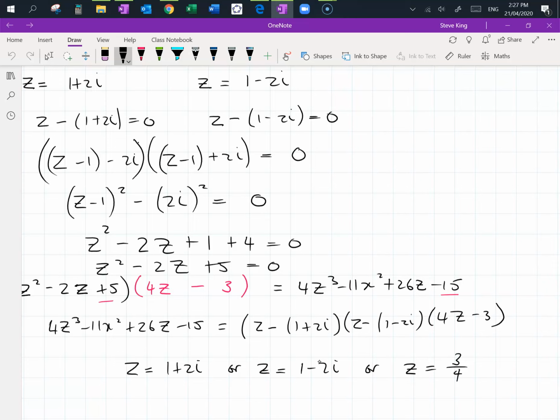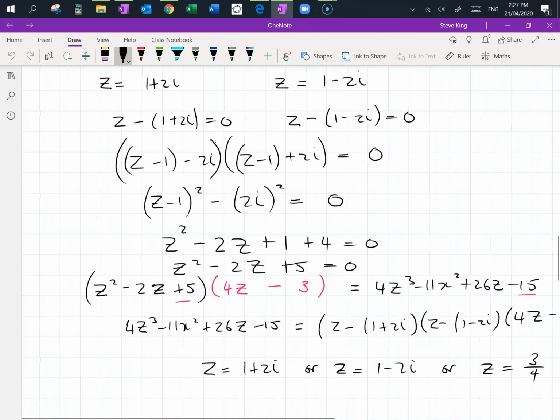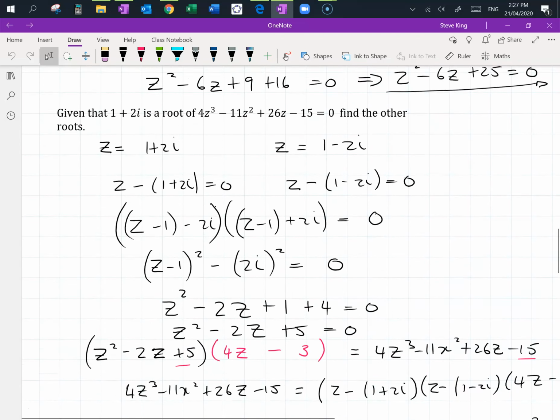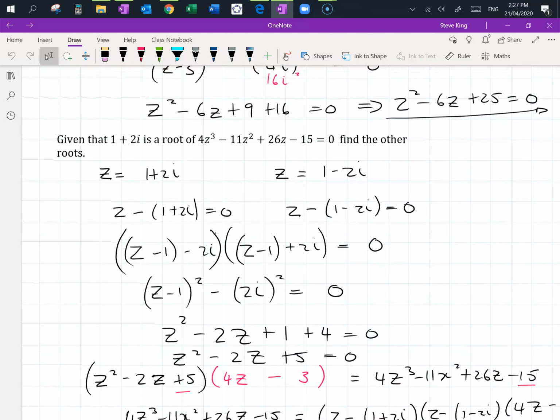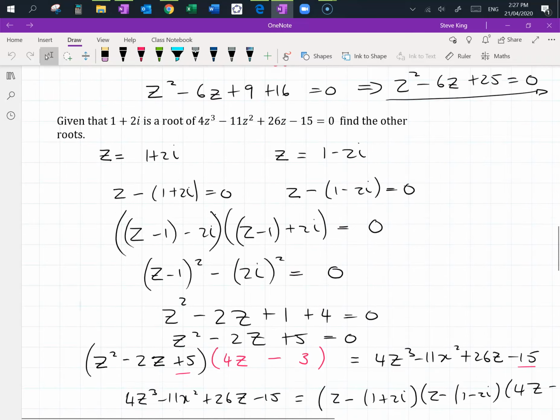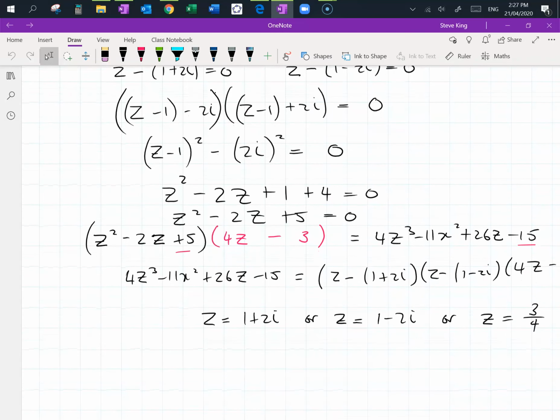When you have one complex root within a cubic, you know that you must get a second complex root and one real root. So there's conjugates working within a cubic equation. And that's all we'll work for in this exercise.